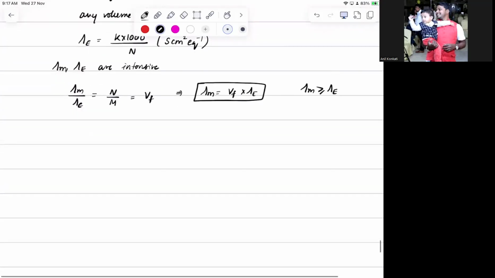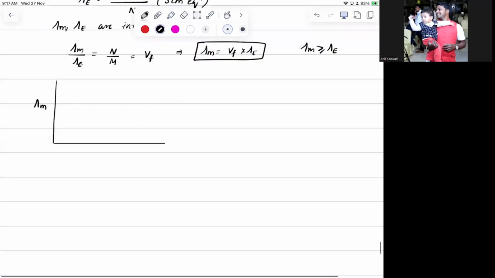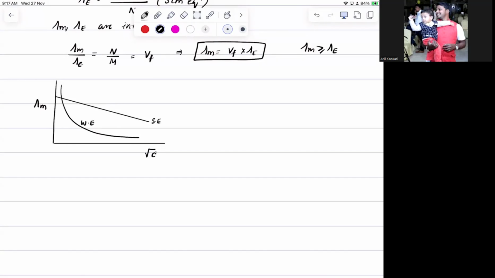Now, the variation of lambda M with respect to concentration is identified as two major graphs. One is this way, the other one is this way. This one is for strong electrolytes and this one is for weak electrolytes.